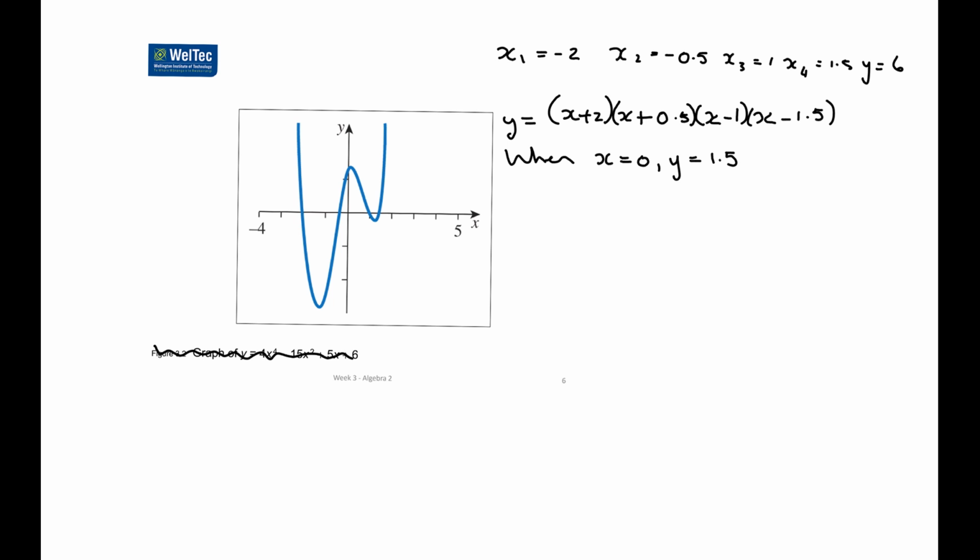So what we need to do then is figure out what we need to multiply 1.5 by to get 6, and the answer is 4. So we need to multiply the whole thing by 4. And if we expand all our brackets and fiddle around, then we get what we had before I crossed it out.